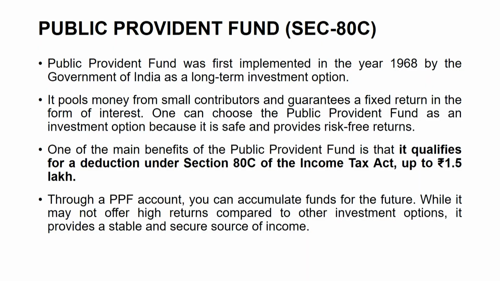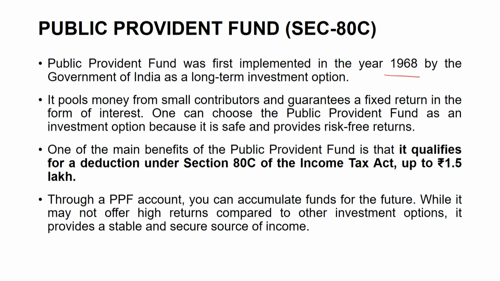So now let us have a look at the concept and meaning of the Public Provident Fund. Basically, the Public Provident Fund scheme is a scheme launched by the Government of India in the year 1968 for the purpose of giving investors a long-term investment option.